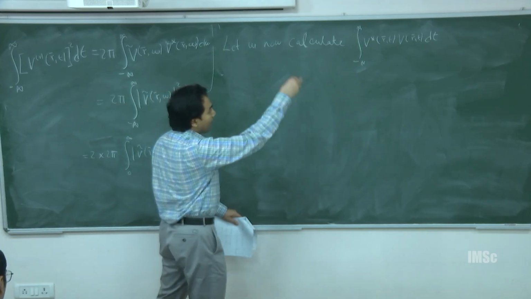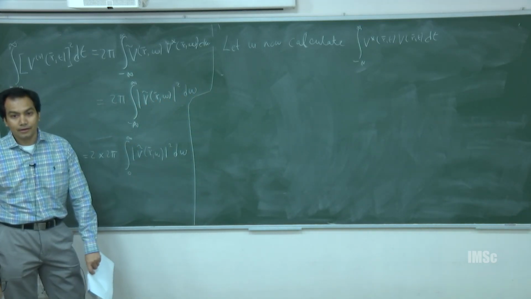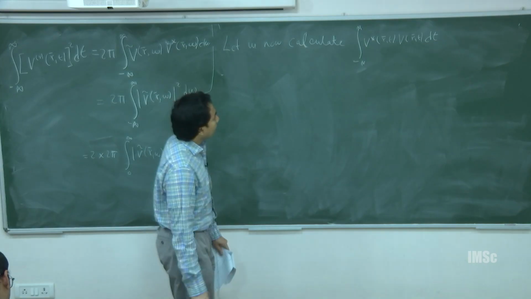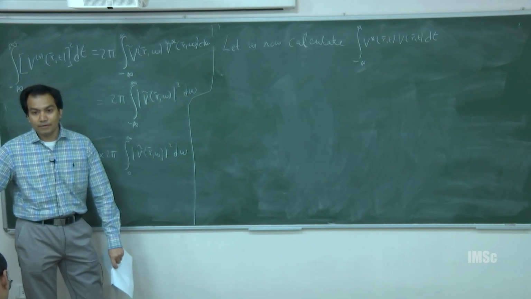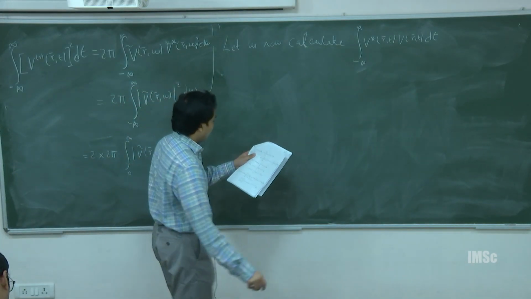Of course, eventually there will be an average, but this is related to the intensity of the optical field calculated in terms of the analytic signal from the theory of coherence.